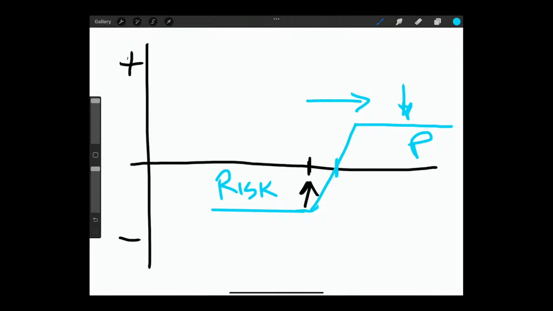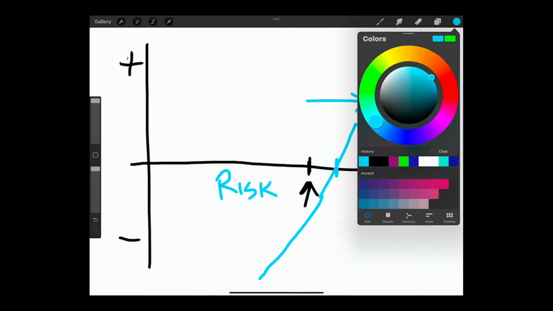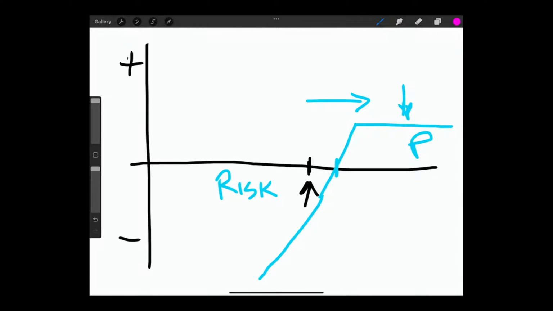Now, it doesn't actually look like this. I was doing a spread. Looks like that. All right, there's your risk. Now, the premium, when you first get into a trade like this, is going to look something like this.